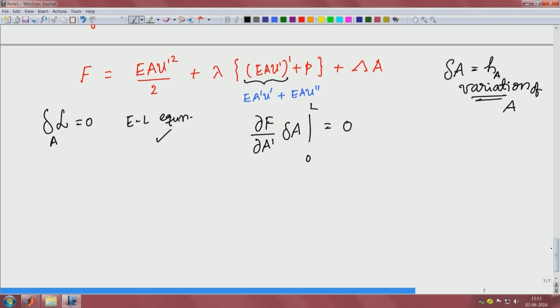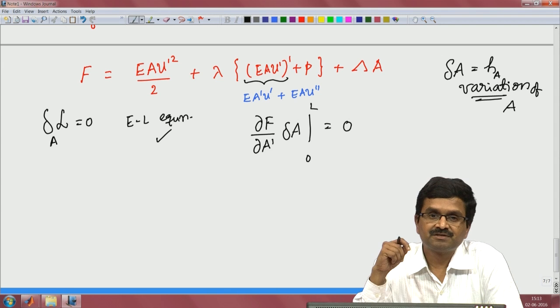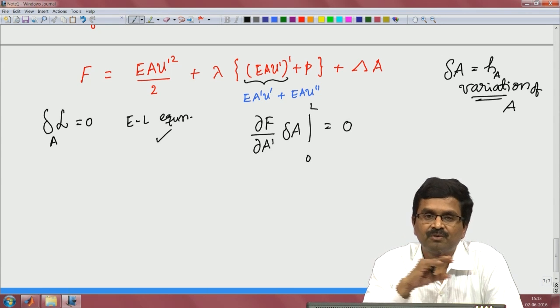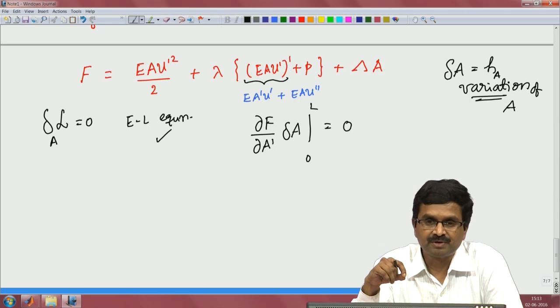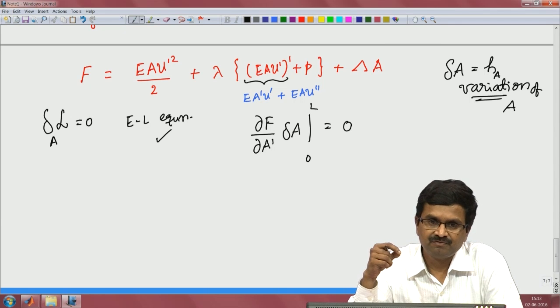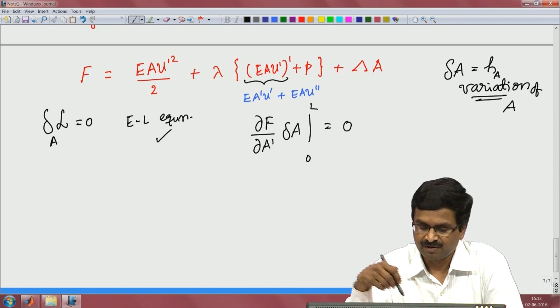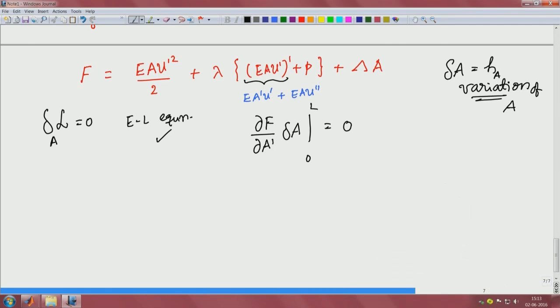That was our condition. Here is where the importance of calculus of variations comes through. It is not enough just to know how to write Euler-Lagrange equations. We need to know the boundary conditions. In fact, later on we will find some more subtleties in calculus of variations, where we need to figure out how to write this properly so that we can solve any problem. Okay? This is dou f by dou A prime delta A from 0 to L equal to 0.